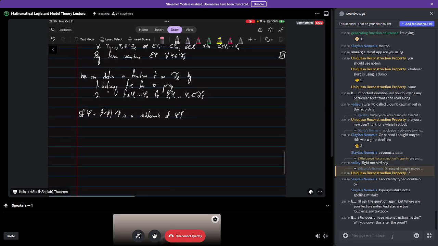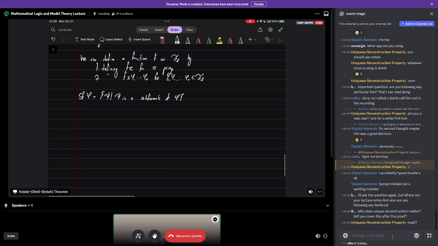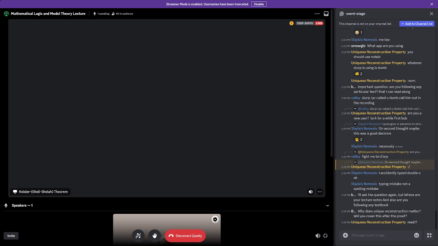Okay, so how do we define this? First, we define SF of pi for prime pi, and that's just going to be pi itself. The subformulas of a prime formula is just the prime formula itself, because there are no smaller subformulas.